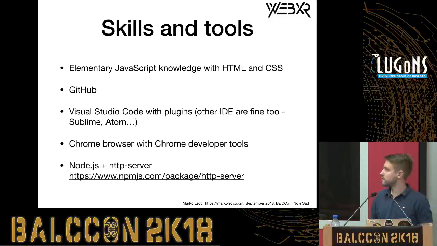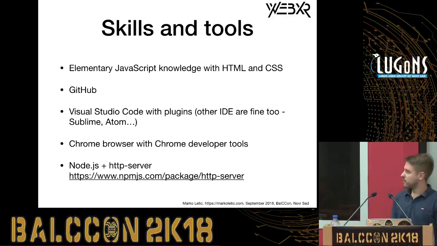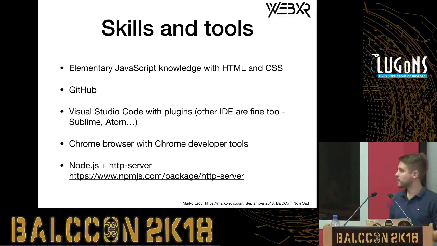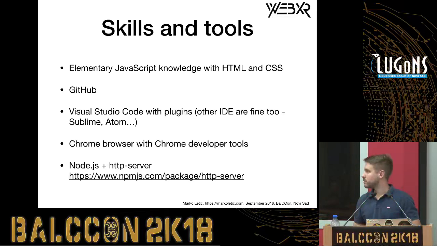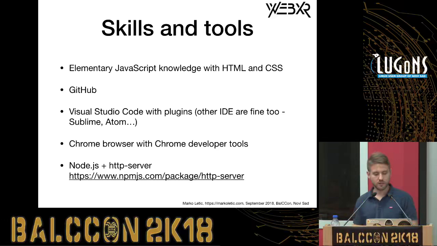Generally, for the skills and tools you need to follow this, basically elementary JavaScript knowledge with some HTML and CSS. Everything we're going to show today is on my GitHub page. There's a link later when we come to the examples. You need Visual Studio Code with these plugins, but you can also work in basically any other IDE, like Sublime, Atom, whatever editor you want to use.